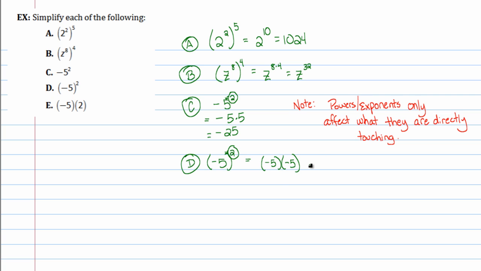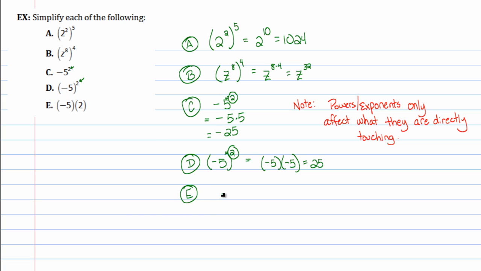And -5 times a -5 is a +25. Note the difference. The exponent right here is only touching the 5. The exponent right here is touching the suitcase, or the briefcase, or whatever you want to call it. And that contains a -5. So this is going to be a -5 times a -5.